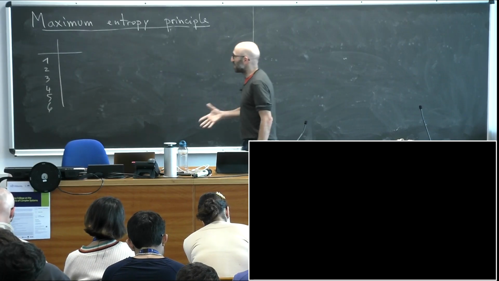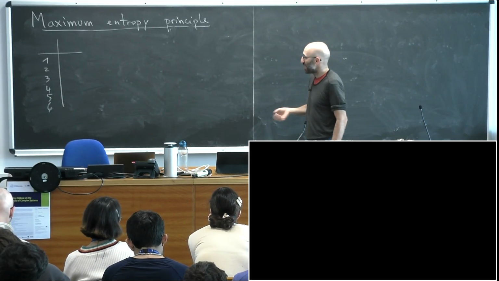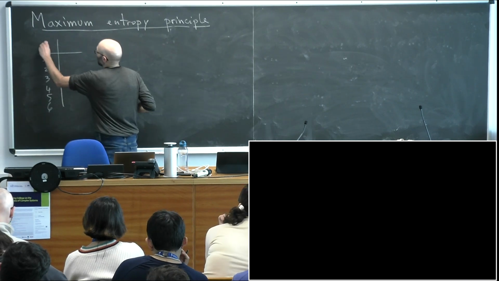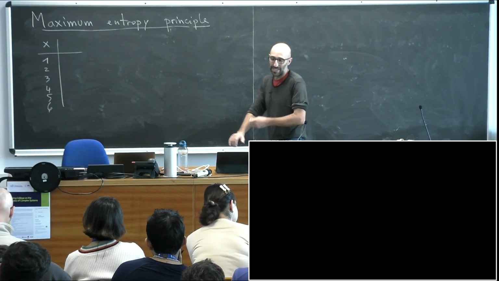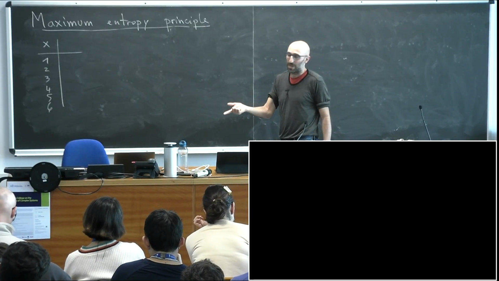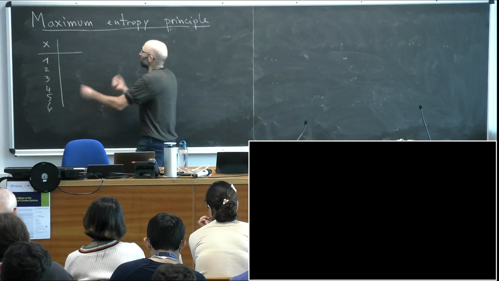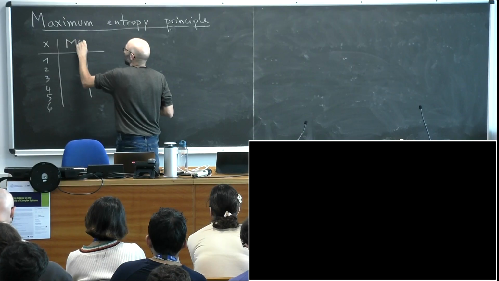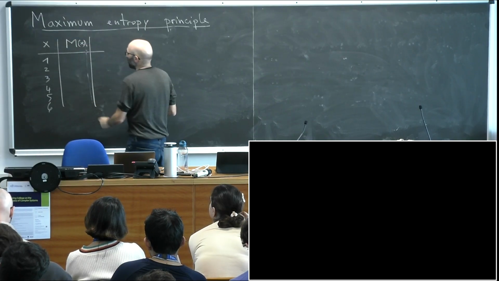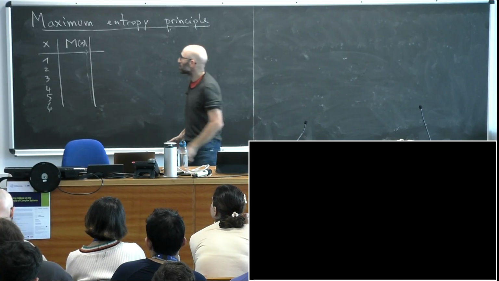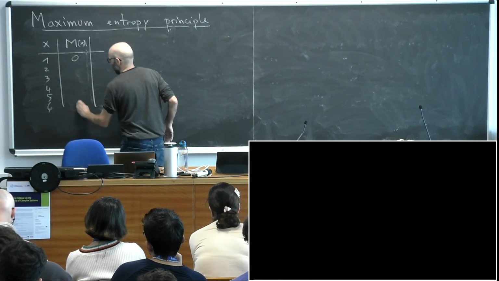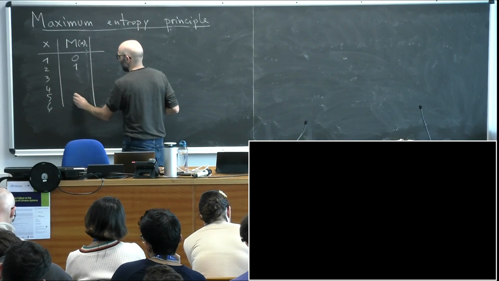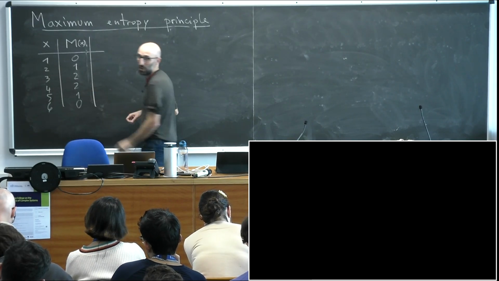At each time the croupier, let's say, rolls the die, and you get a value of x. If you want to play, you have to pay one coin to play, and then what you win is a function m of x. So if you get 1 or 6, you win 0. If you get 2 or 5, you win 1 coin. And if you get 3 or 4, you win 2 coins. Okay?